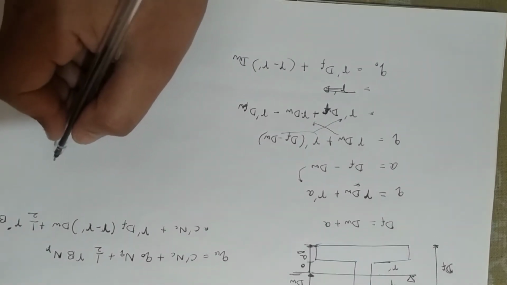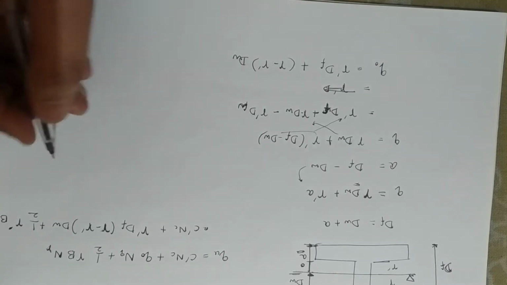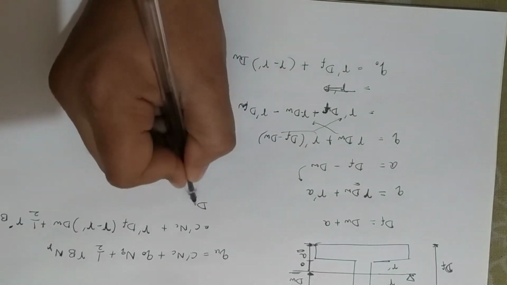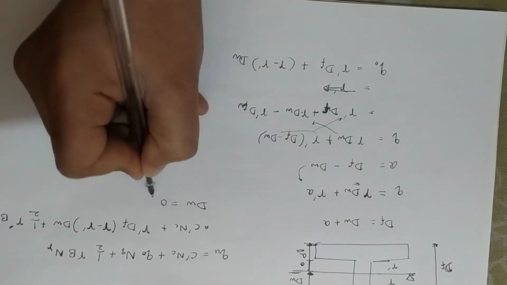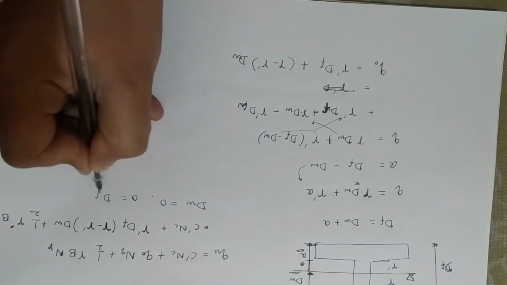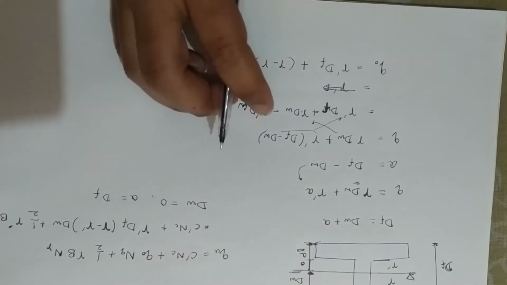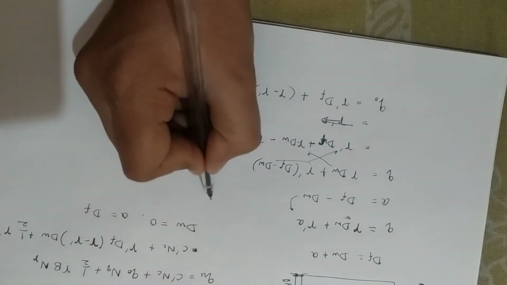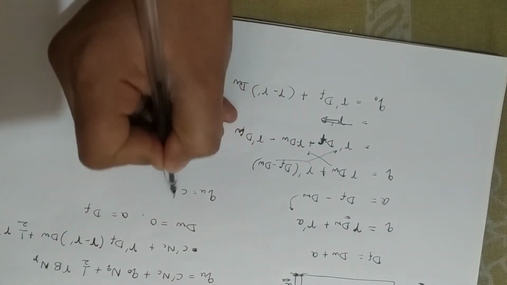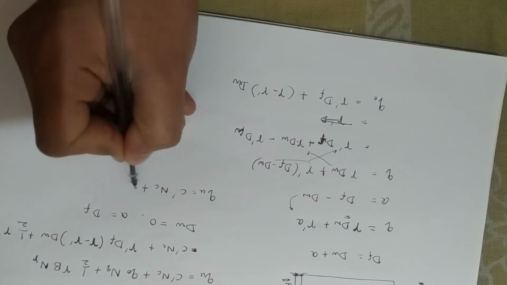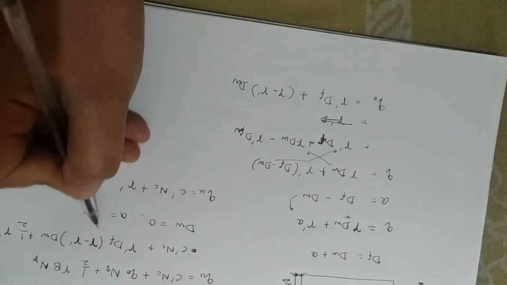So what if the condition dw is equal to 0? It means A is equal to df. What if the water table reaches over here? So Qu is equal to c' Nc plus gamma dash.